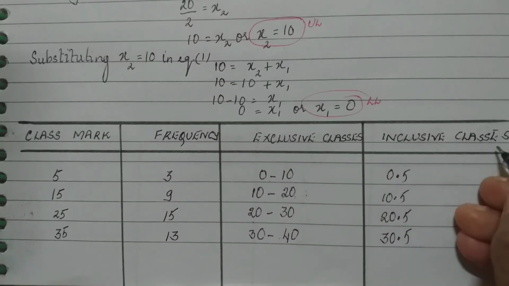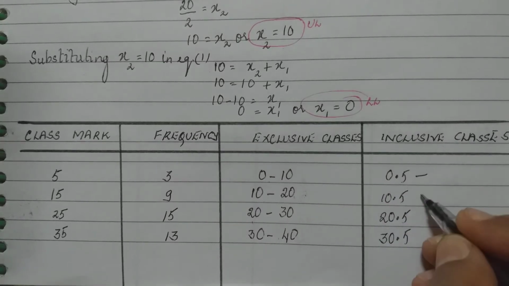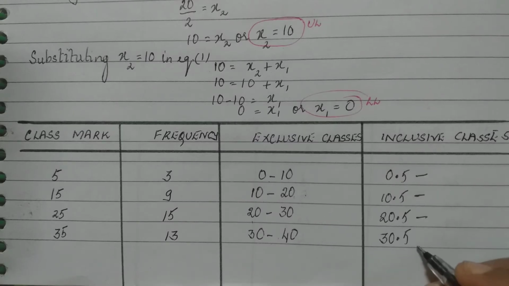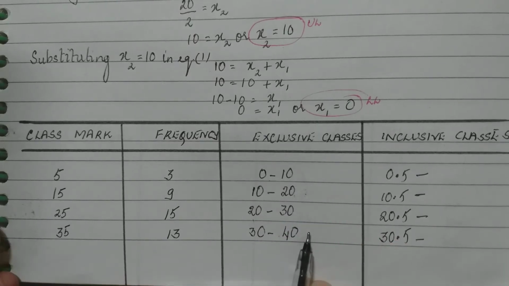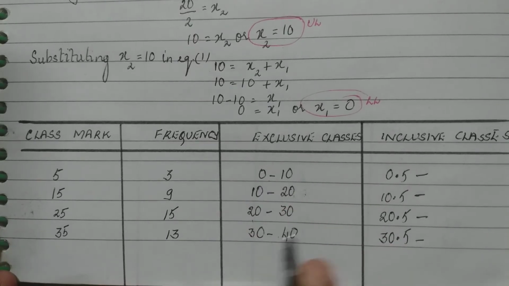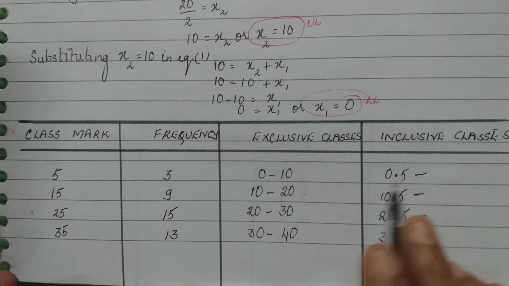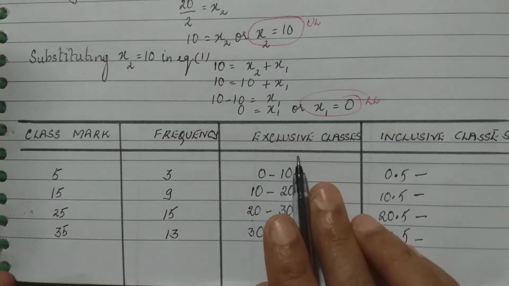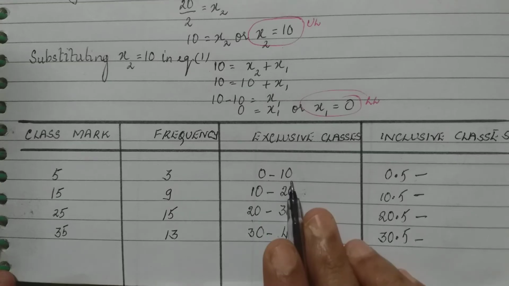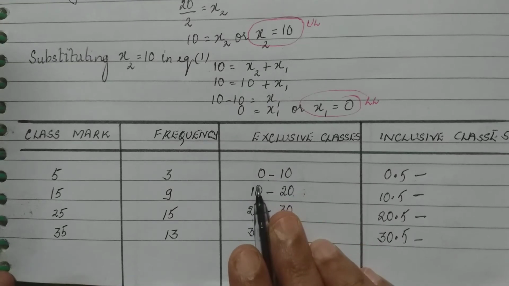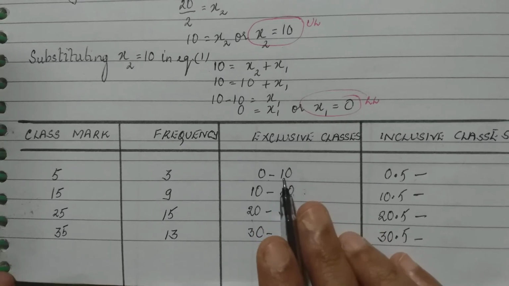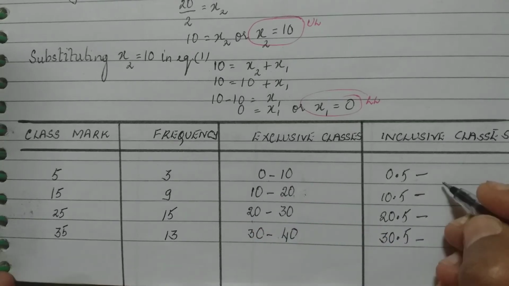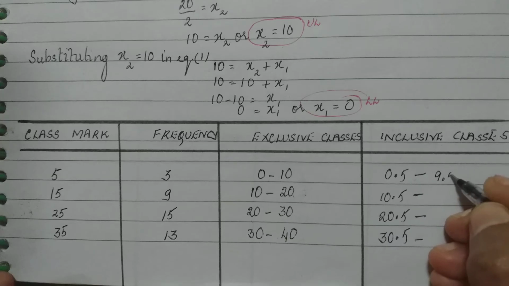Now these are inclusive classes, so we will have the upper limit also. Let us write the symbol for 2 for all of them. Now let us see how the upper class limits are taken. To the lower class limits we are adding 0.5, and at the same time from the upper class limits we will subtract 0.5. So 10 minus 0.5 will be 9.5.